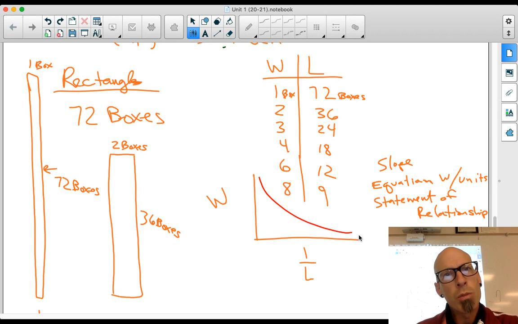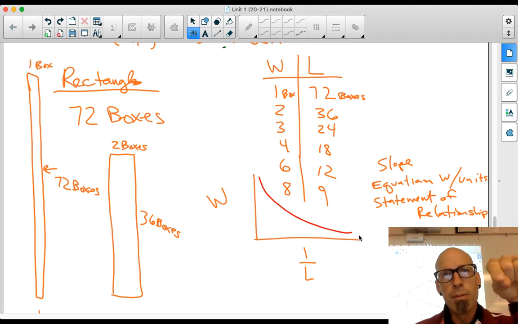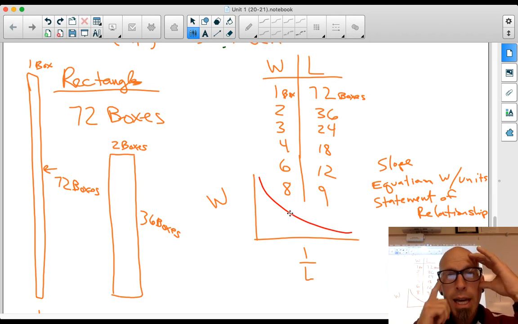And that brings up this term called linearization. If you look at the graphing summary sheet that I posted, it shows you a list of the different graphing relationships. This is one of them, an inverse relationship.